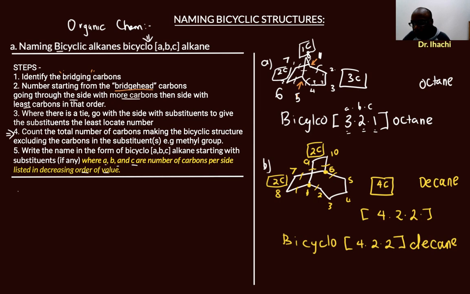Sometimes we do have substituents in the structure, so we would have to take care of the substituent. So let's say that's my substituent right there. In this example C, I will identify again my bridgehead carbons, the carbons that are connecting the bicyclic structure.